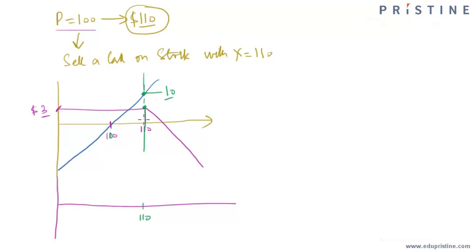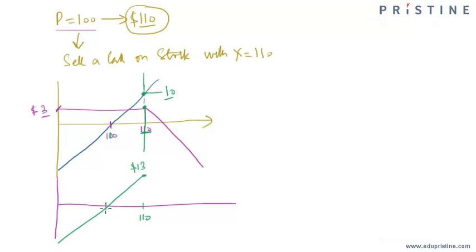So the payoff on the stock would be $10. So at a stock price of 110, the resultant of the short call and the long stock would be 10 plus $3, so it would be $13. Here I have an upward going line and a straight line, so I will have a resultant of an upward going line.